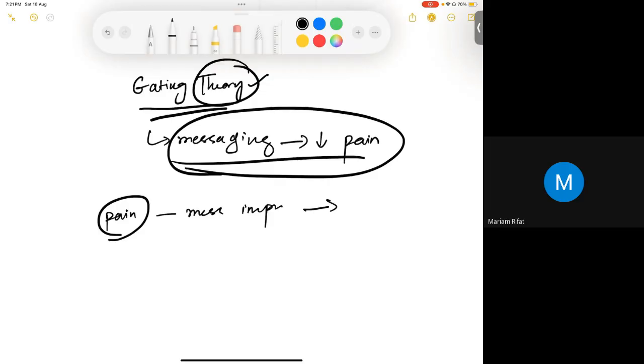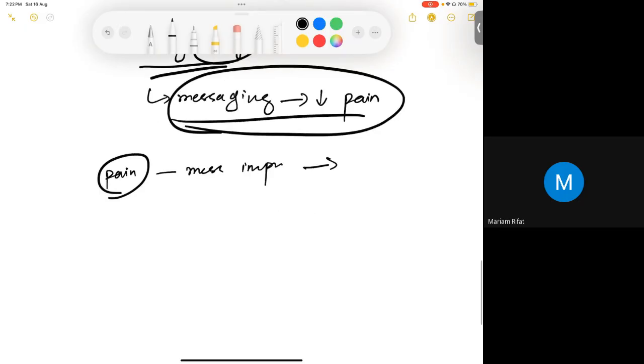Is it clear? But later on, it was found that inside the spinal cord we have certain neurons called connector neurons. For example, if this is your substantia gelatinosa, with the first order neuron and the second order neuron, in between them they have some extra neurons which are called connector neurons. As we are massaging during pain, these connector neurons get stimulated, and their stimulation releases neuroinhibitory substances.